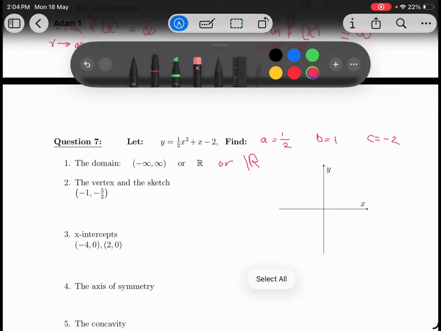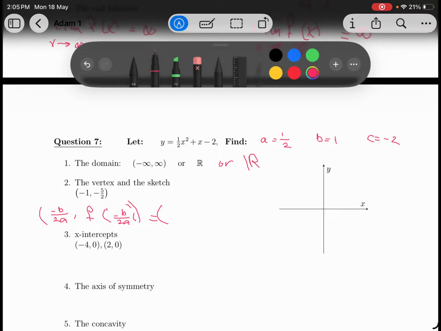And when it comes, guys, to the vertex, it equals minus b over 2a, and f of minus b over 2a. It will be minus 2, so b is 1, so the vertex is given as minus 1 and minus 5 over 2, but I will show you how.